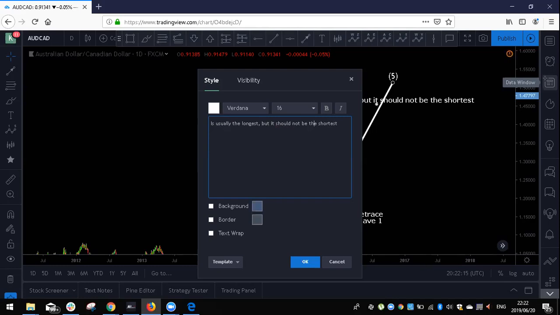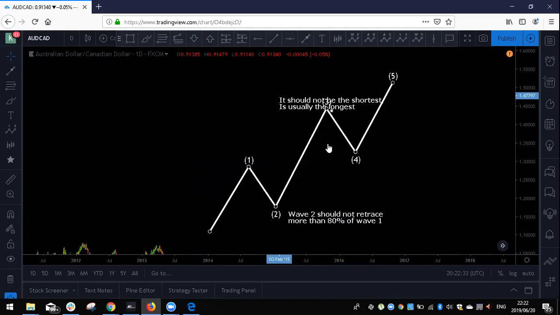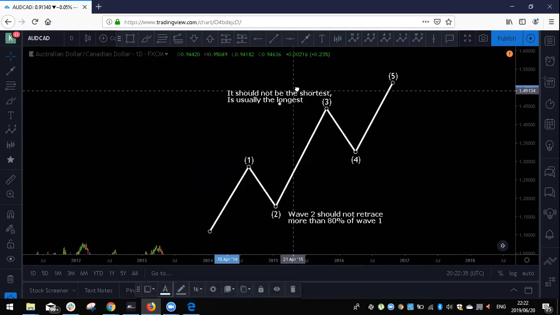Let me just say it should not be the shortest, but it's usually the longest.